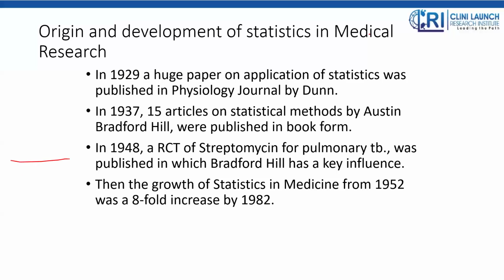He published a book on how statistics are important to prove a concept. In 1948, the RCT on streptomycin for pulmonary tuberculosis was published, again by Bradford Hill. There is a university by his name also, I think. The growth of statistics increased from 1952 to 1982, and now without statistics there is no drug approval or anything.